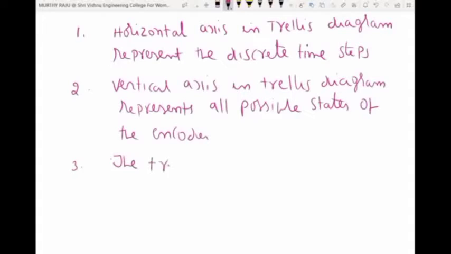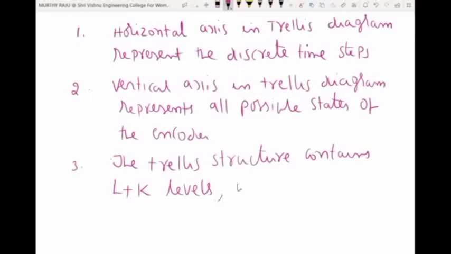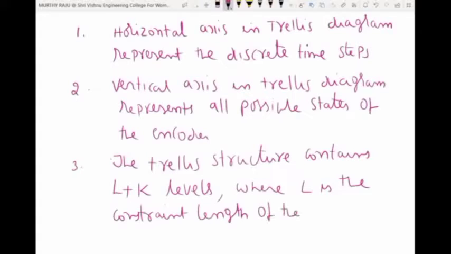The Trellis structure contains L plus K levels, where L is the constraint length of the convolutional encoder.